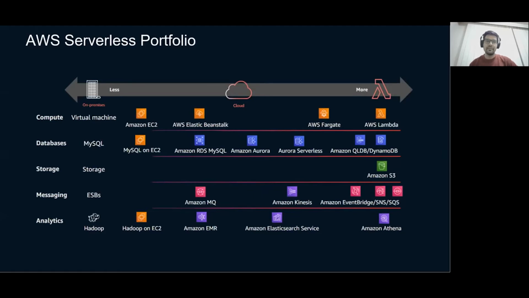For compute, we have AWS Lambda, and we have Fargate, that is a serverless container construct. If you talk about databases, we have Aurora Serverless, and we have DynamoDB, that is a key-value database, which is also serverless. We don't need to manage any server if we use Dynamo or Aurora Serverless. For storage, we have an excellent example in Amazon S3, that is object storage, and we don't need to manage anything.